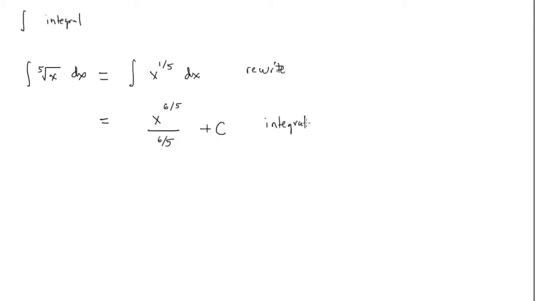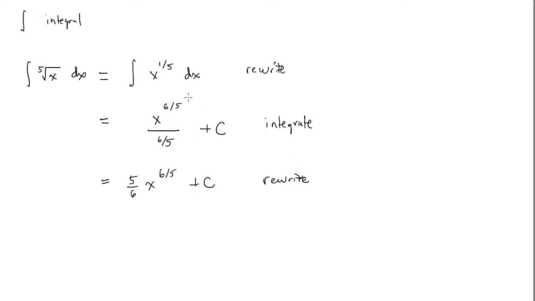So the step we just did there was to integrate. And then now let's simplify this a little bit. Instead of dividing by 6/5, I could multiply by 5/6. And so what I've done is rewritten this one more time.